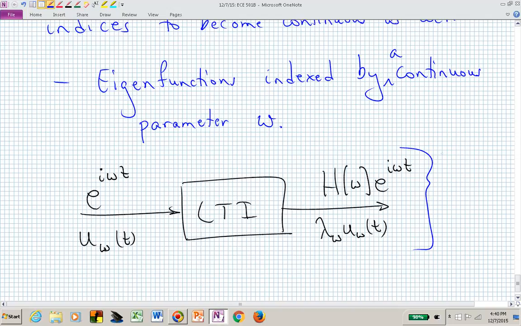And I hope it's clear what I want for an answer to this question. How many eigenfunctions, how many e to the i omega t's, do we have for an infinite dimensional operator?